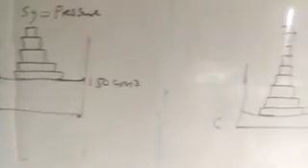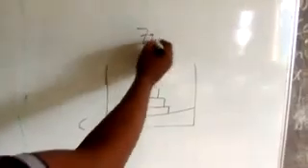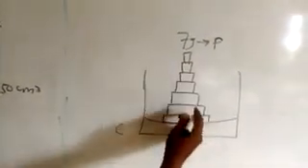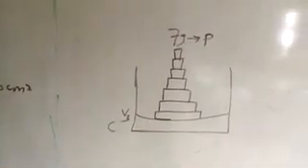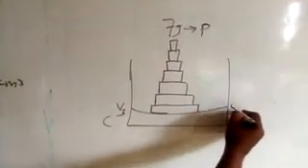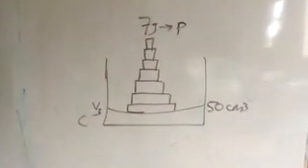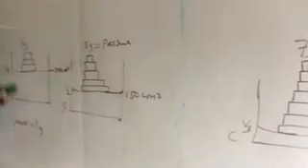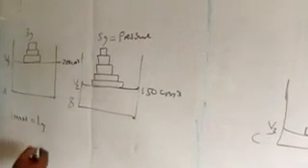Now in beaker C, we further increase the pressure by increasing the mass. That leads to increase in P, and this increase in P leads to the formation of volume 3, which is V3, and that is to say the volume decreased to, let me say, 50 cm cube. So you observe that the more we increase the masses, the pressure is increased because the force is increasing, and that force that is increasing leads to the reduction in the volume.